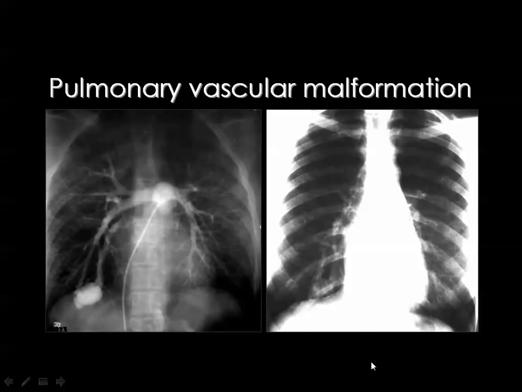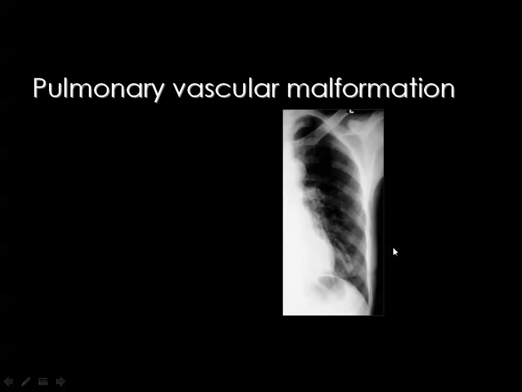In the era before CT and MRI, if you see a nodule like this connected to the hilum by two cord-like structures, the only way to confirm the diagnosis of an arteriovenous malformation is to insert a catheter in the pulmonary artery via the left femoral vein or the right femoral vein. Then you inject contrast material into the pulmonary artery. Then you are able to see the feeding artery, the AVM, and the draining vein.